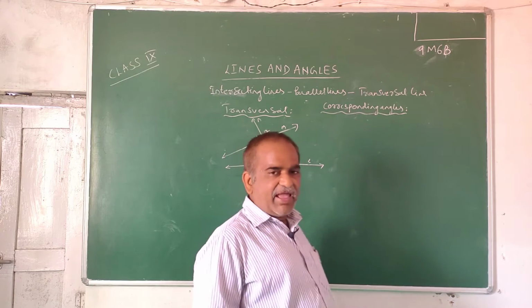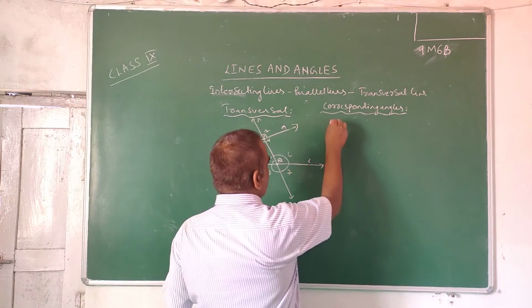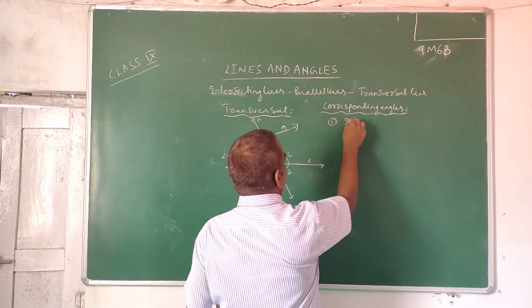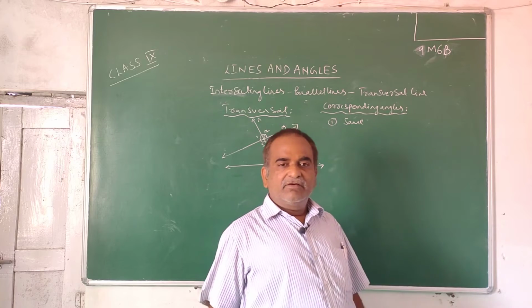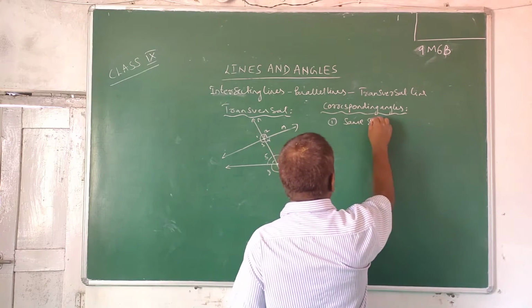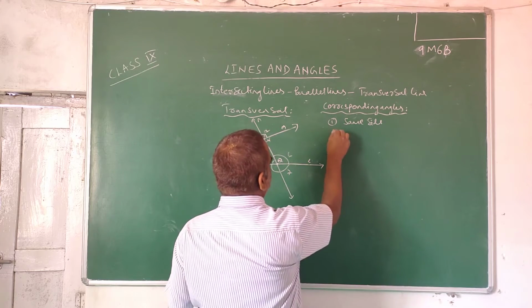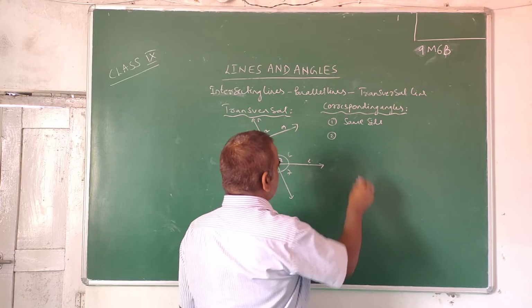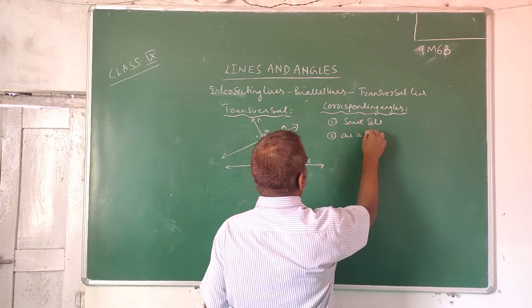A pair of angles is said to be corresponding angles if, number 1, they are on the same side of the transversal. Please do understand, they should be on the same side of the transversal. Number 2, one is interior and one is exterior.